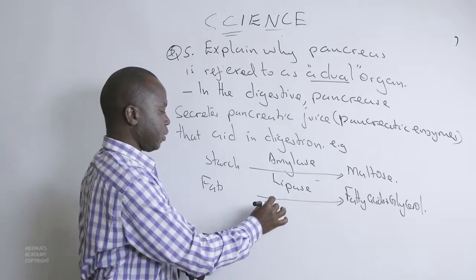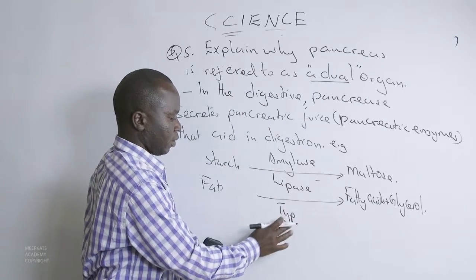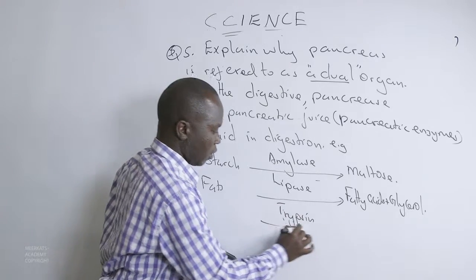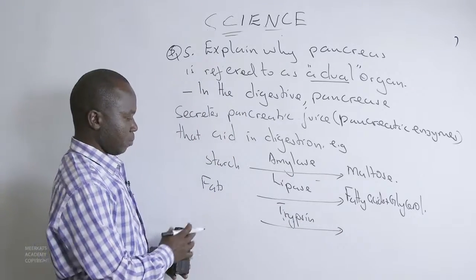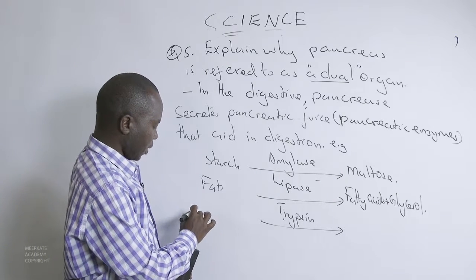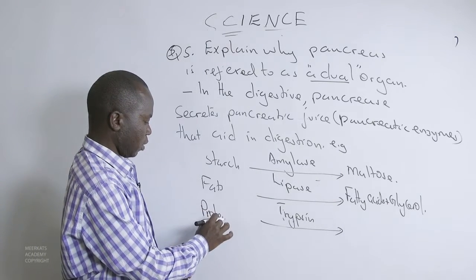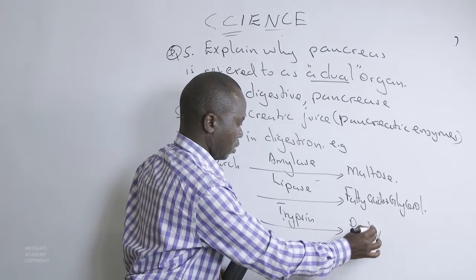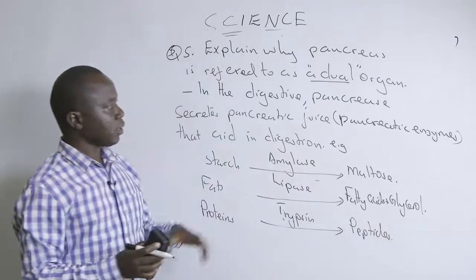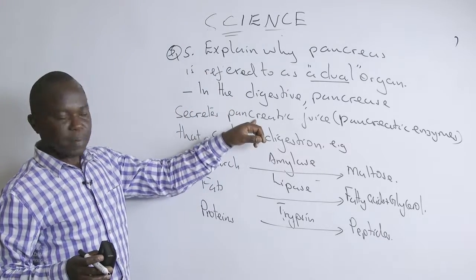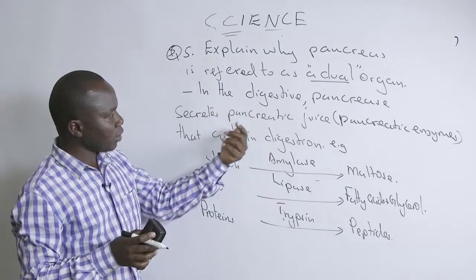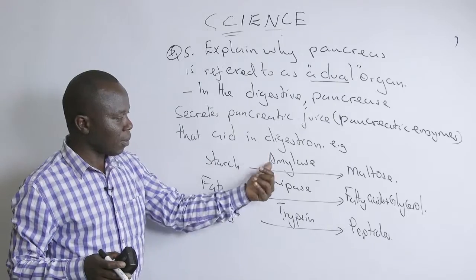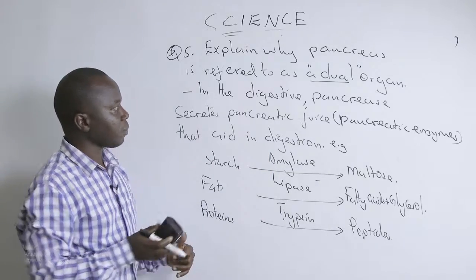We have trypsin, pancreatic trypsin, the one that breaks down proteins into peptides. So in this case, the pancreas is performing the first role as an organ that secretes enzymes. And you can see the enzymes, amylase, lipase, and trypsin.